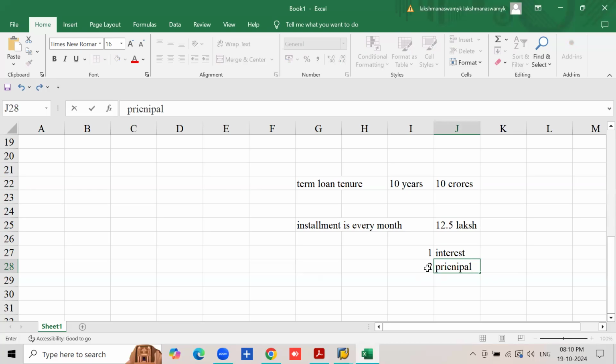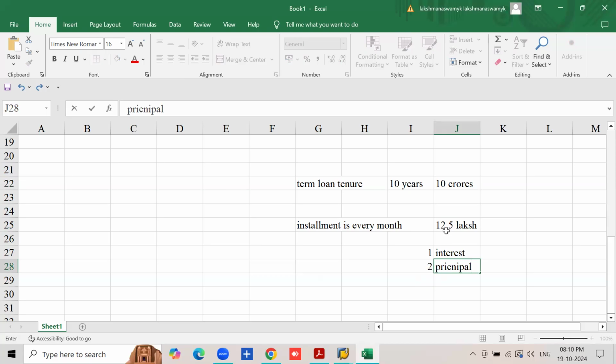Suppose you have taken a housing loan and you are repaying it in installments. Out of that installment, some amount is taken by the bank towards interest, and the remaining amount is reduced from the principal amount of the housing loan, right? Similar is the case with a term loan.